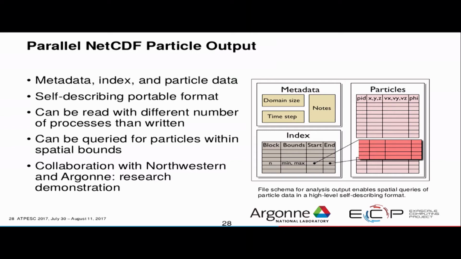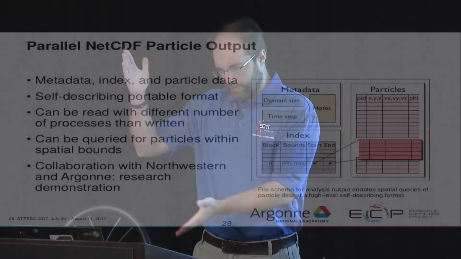We just update their x, y, and z position. So we keep a data table of all the different particles and what their properties are. Now if you look at the index, you can say, I want to know all the particles that live in this space, and the index gives you the following particles live in that space, and now we can use some different routines to figure out what's going on there.